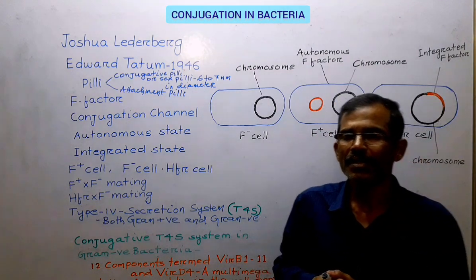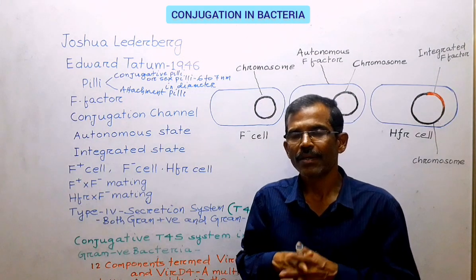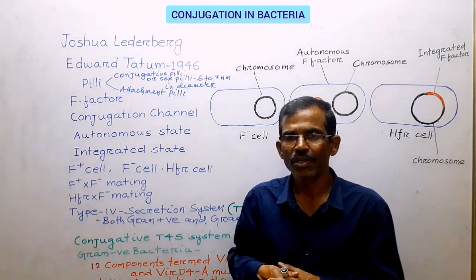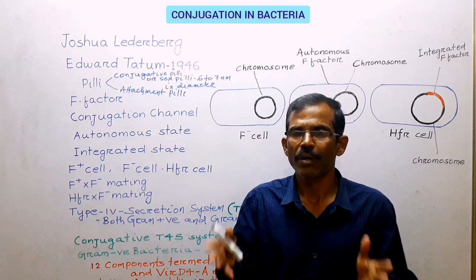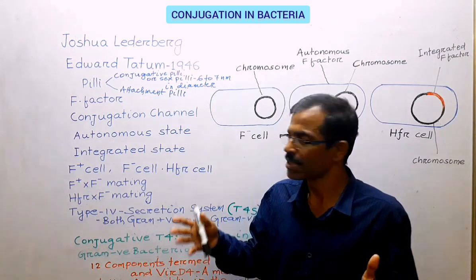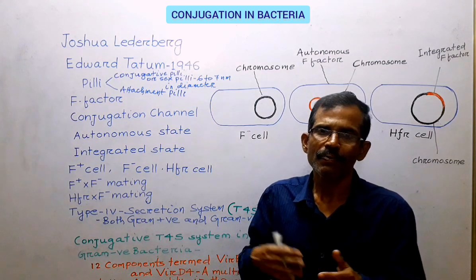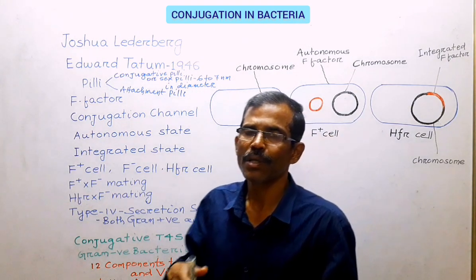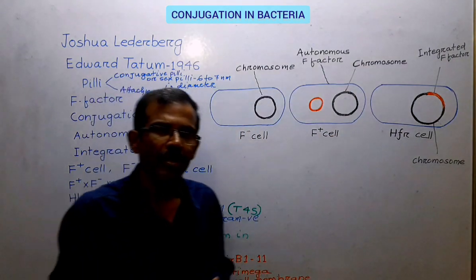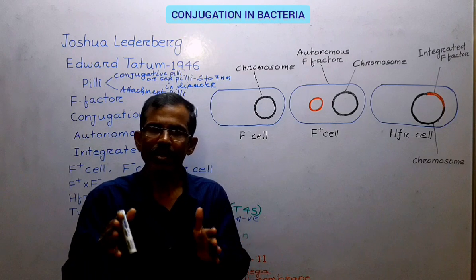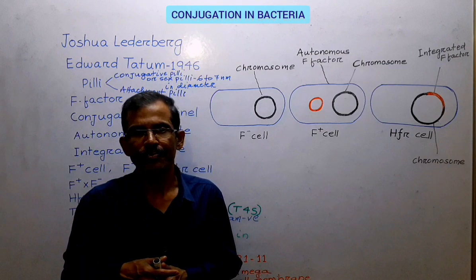F factor is a plasmid. It contains all the necessary genes that are essential for replication and transfer. The F factor can exist in two different states: one is autonomous state and the other is integrated state.